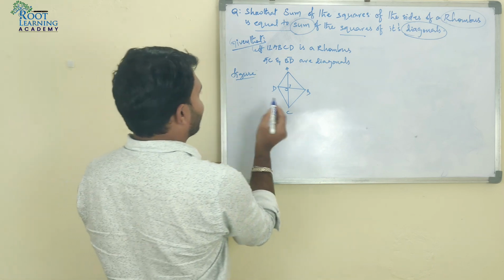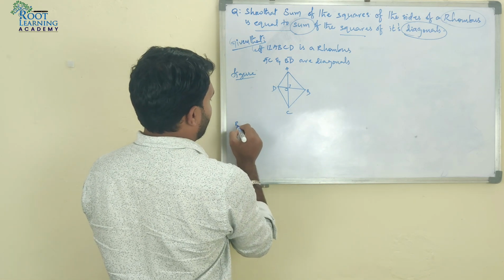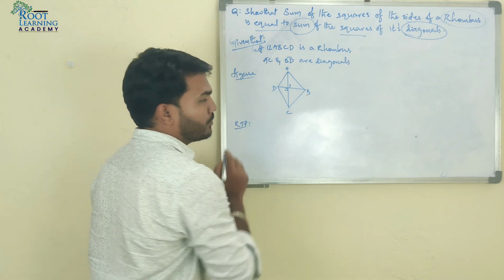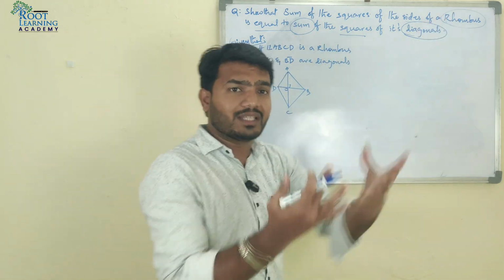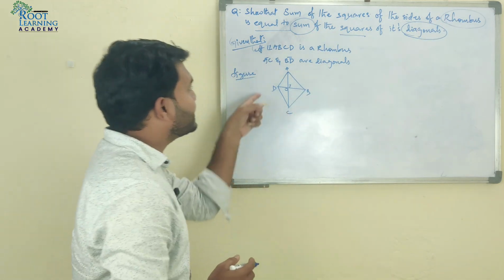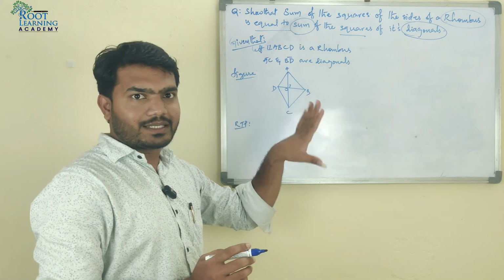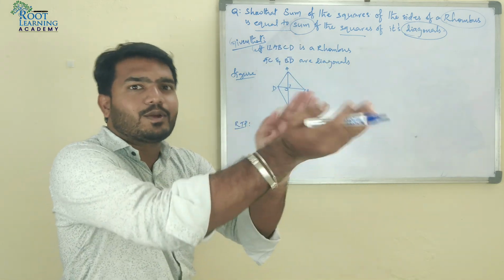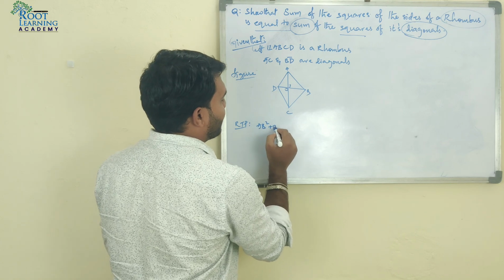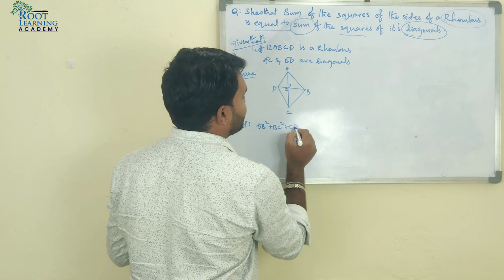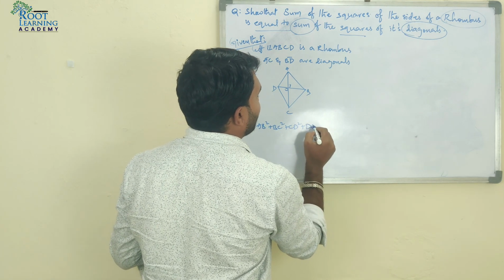So what do we prove exactly in the question? Required to prove. Sum of the squares of the sides of a rhombus. What are the sides here? AB, BC, CD and AD. These are the sides. Sum of the squares of the sides, that means AB square plus BC square plus CD square plus DA square.